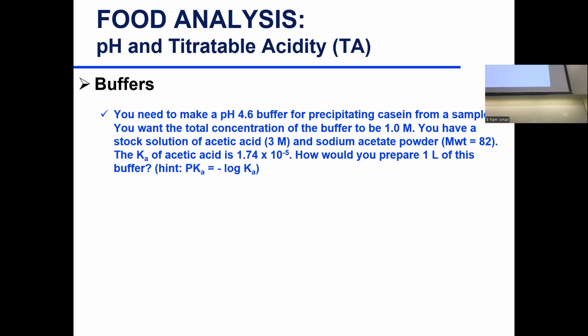So this is what I'm after. What am I given? They gave me the dissociation factor, Ka, of the acid. That means the dissociation of the proton. And that was 1.74 times 10 to the negative 5.